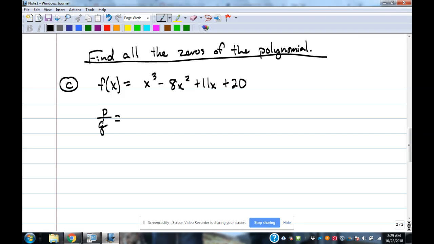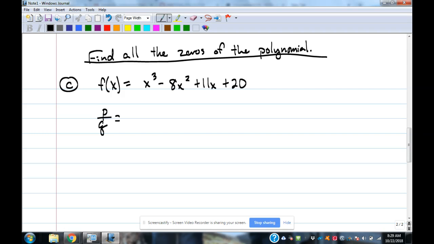Factors of 20. What factors go on the bottom? Factors of 1. So we know if we divide all those factors of 20 by 1, it's not going to change them. We're not going to get fractions out of that, which is nice. So when we make our P over Q list, it's just going to be the factors of 20, because we're dividing them all by 1, since that's the only factor on the bottom.